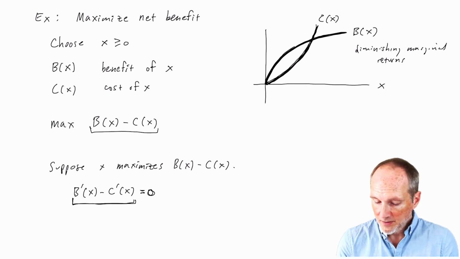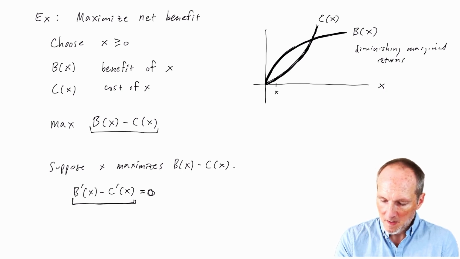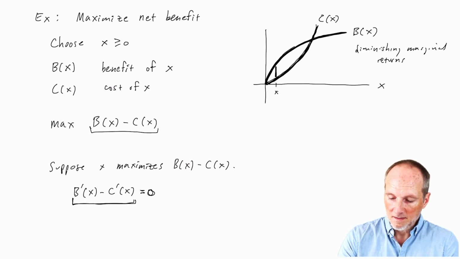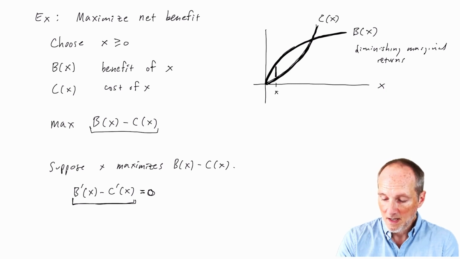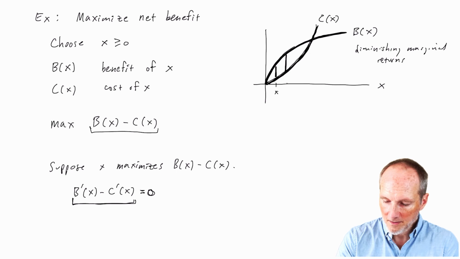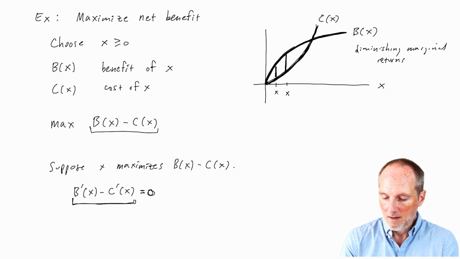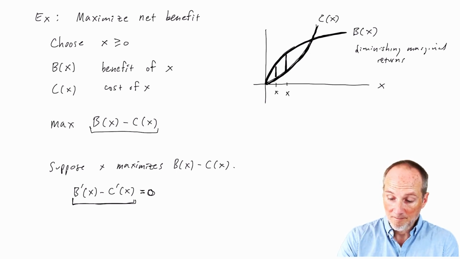Over here in our picture, if you pick an x like this one, you can just see that the net benefit is this difference between the benefit and cost function. And this x that I picked here is not optimal because, well, there's an x here where the difference is bigger, okay?